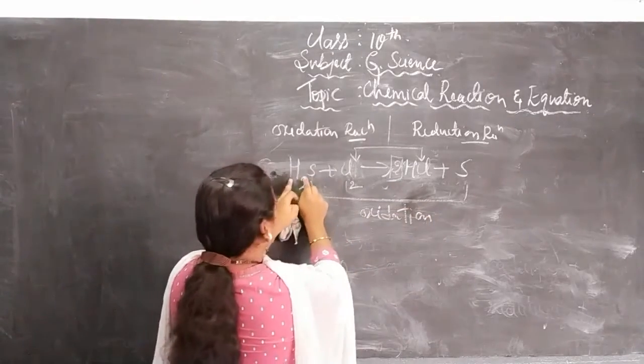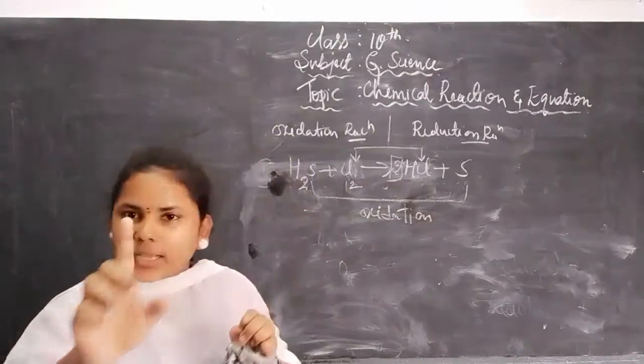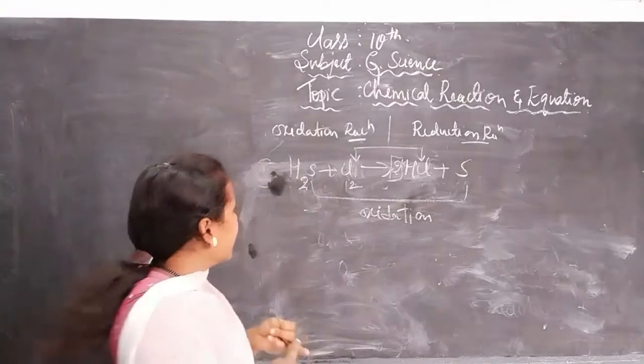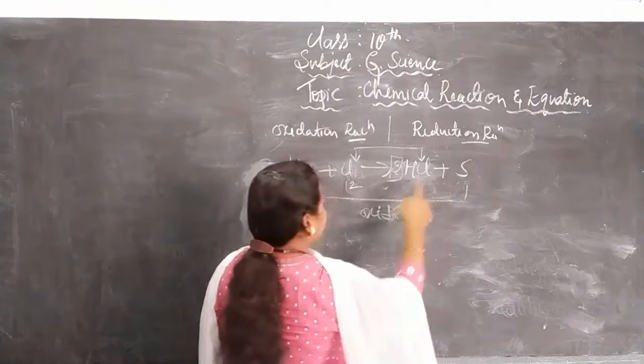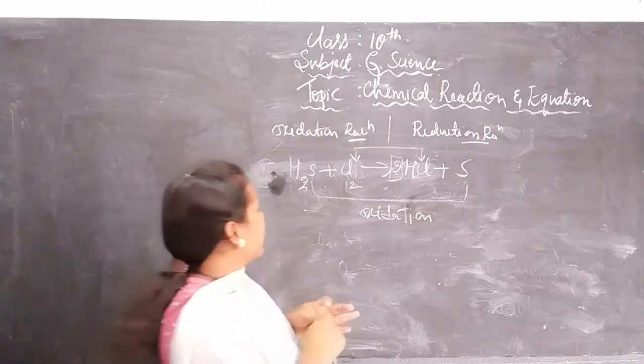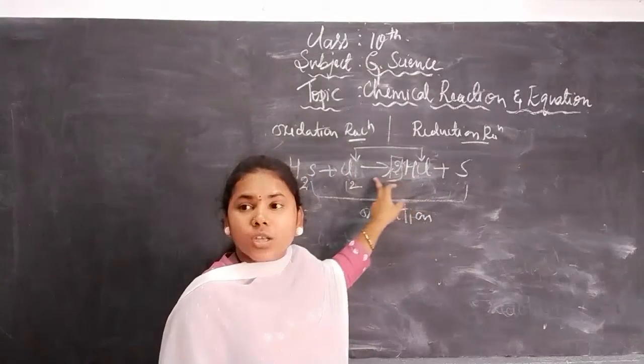Here hydrogen is going to be removed. How do we define oxidation? Oxidation is nothing but addition of oxygen and removal of hydrogen, right? Here removal of hydrogen takes place, hence it is oxidation. Understand? But here the addition of hydrogen takes place. What do you mean by addition of hydrogen?